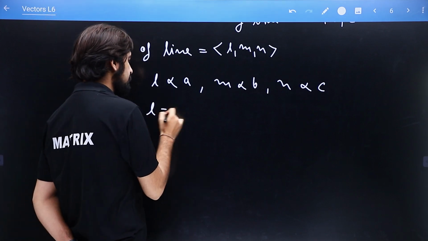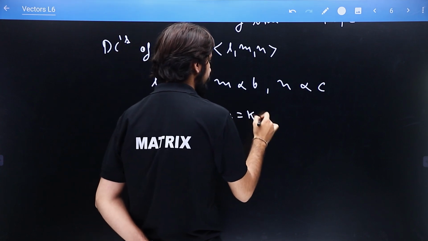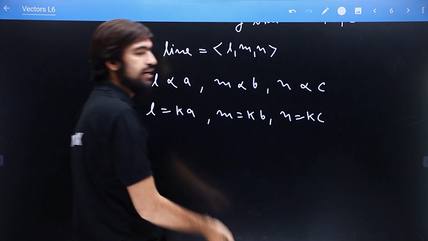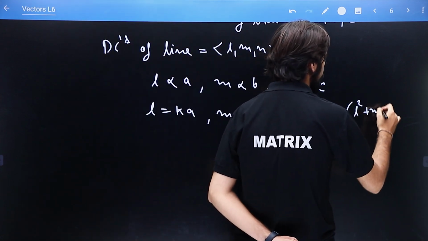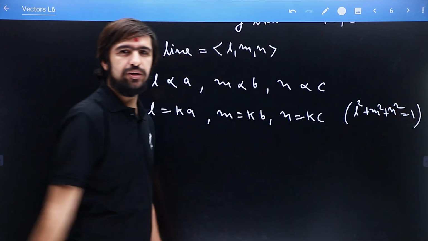So L is K times A, M is K times B, and N is K times C. I have already shown you that relation between A, B, C and L, M, N. What you could have done at that time? That L square plus M square plus N square is equal to 1. And after putting that, you can remove the K.